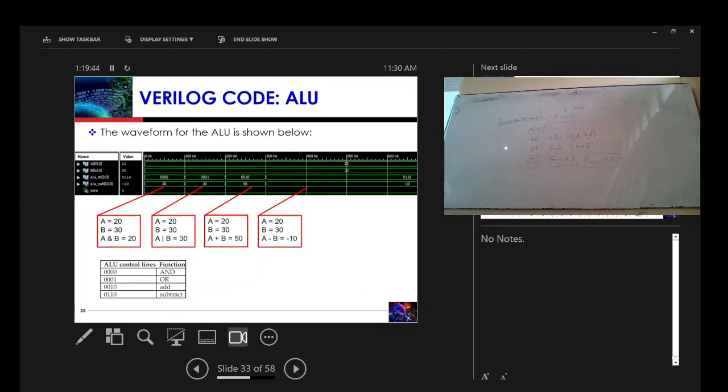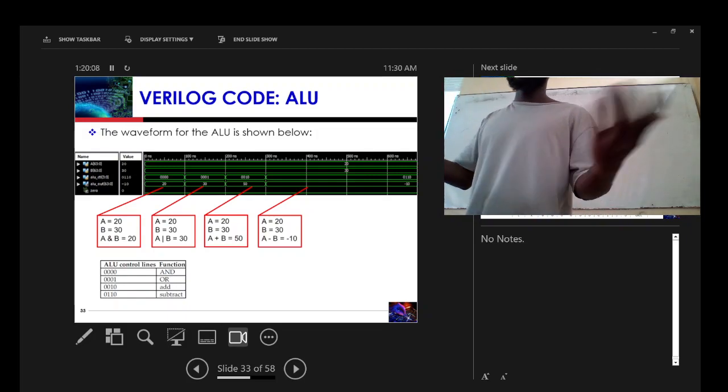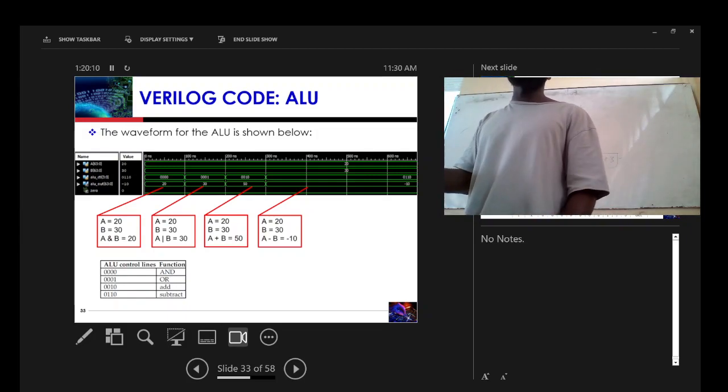So here A is 20, B is 30, and we are doing A AND B. A AND B is 20. The ALU control there is 0000, as you can see on top. 0000 is AND. So this A AND B is simple, just basics.